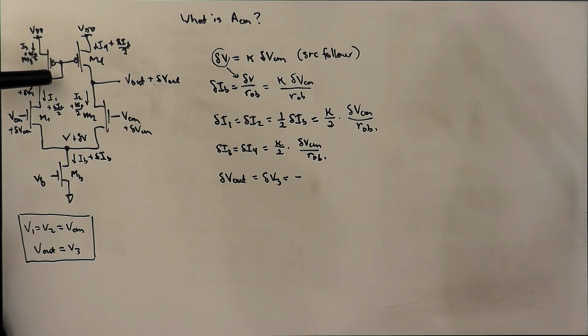And the incremental parameter of a transistor that tells me how much additional current I get for a given change in the gate voltage is the transconductance gain, right? And so V equals I over R, I is equal to G times V. And so to get a change in voltage from a change in the current, we're going to have to divide by the transconductance gain.